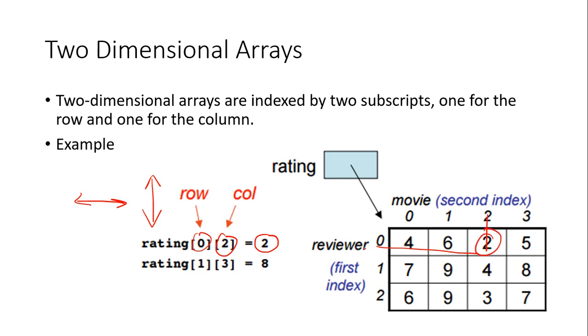That could be reviewer number 0 and the movie number 2, who would have given a 2 for a rating. Now, reviewer number 1 for the third movie gave an 8. So keep in mind that our subscripts need a row and a column.